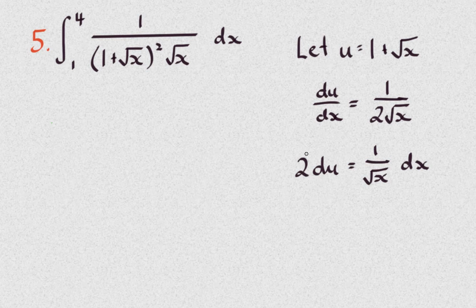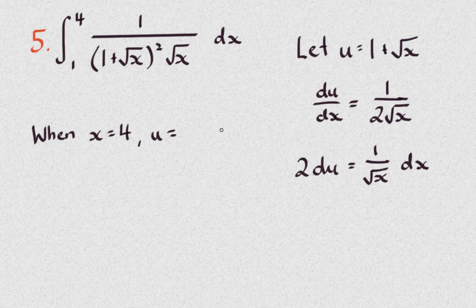But remember, when we are doing substitutions and we're dealing with definite integrals, we need to alter these limits as well, the lower bound and the upper bound. So let's start with x equal to 4. So when x equals 4, what does u equal? Well, we have said that u is 1 plus the square root of x.